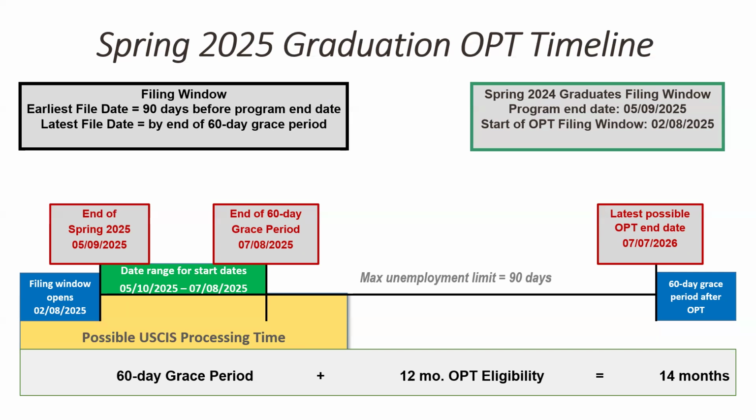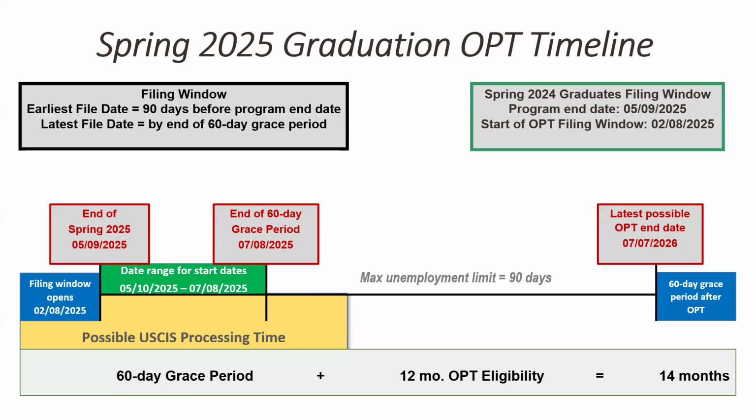So I mentioned that USCIS can sometimes take as long as 3 to 5 months to process an OPT application. So let's say that you file as early as you can in February, and you choose a June 1 start date.